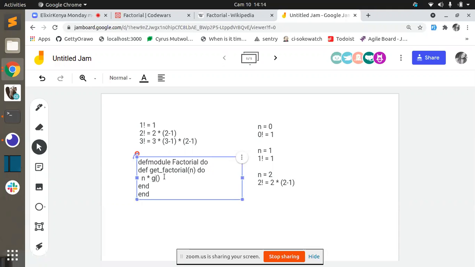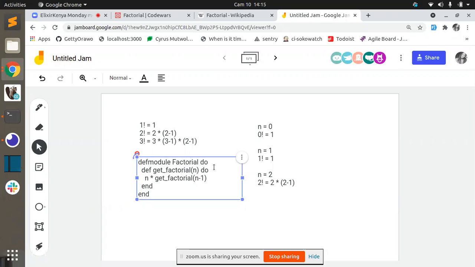Otherwise, even 0 would be matched with this n, because even 0 can be some n. But if we put the get_factorial with 0 above, then this would be the first one that would be tried. And if there's 0, it would match get_factorial 0, and it would never get to this one, which we want to reserve only for non-zero values.